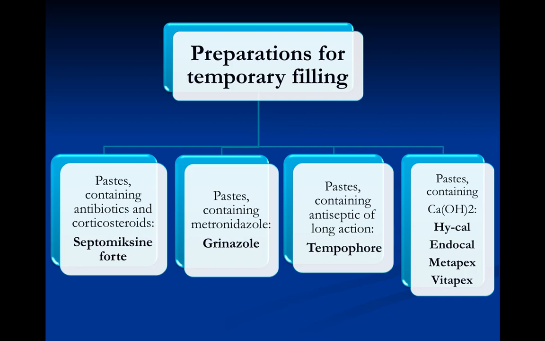Why does calcium hydroxide lose its pH to the neutral side? Because when there is inflammation inside of the canal, the pH decreases to the acid side. You know that under pH 7 there is an acidic medium.